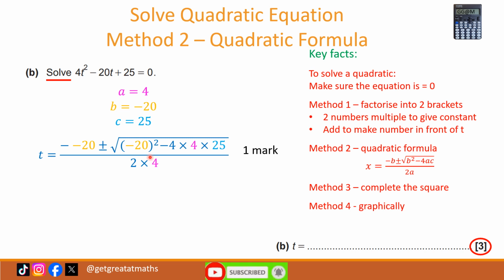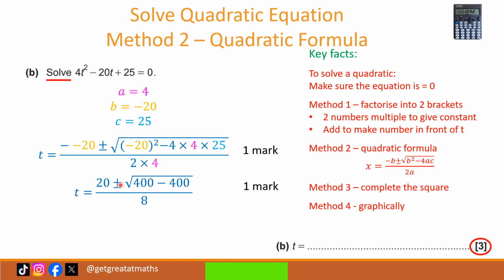So that's going to be 400. And then I've got 4 times 25 to work out. Now 4 times 25 is 100, times by another 4 gives me 400. So I've got 20 at the front, plus or minus the square root of 400 minus 400, all divided by the value of 2 times 4, which was 8.